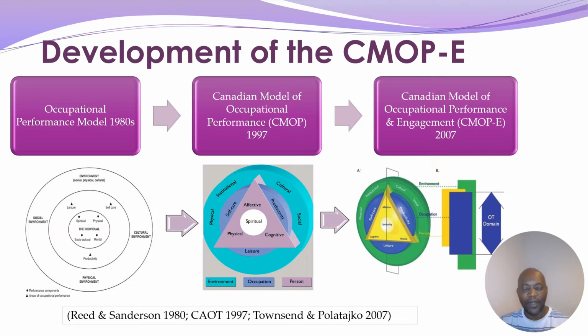If you look at that diagram, you will see that it has two levels, part A and part B. Part A is basically the same as the CMOP, but there was an addition giving us the cross-sectional view, which is part B, which we'll discuss in this lecture.